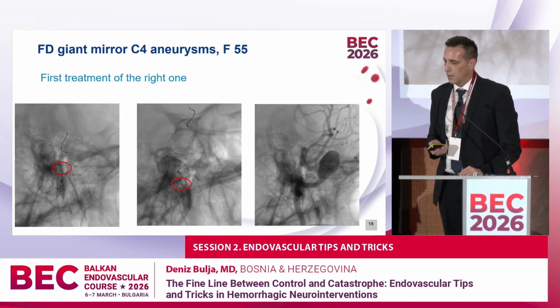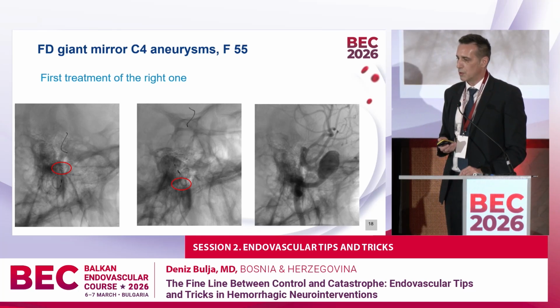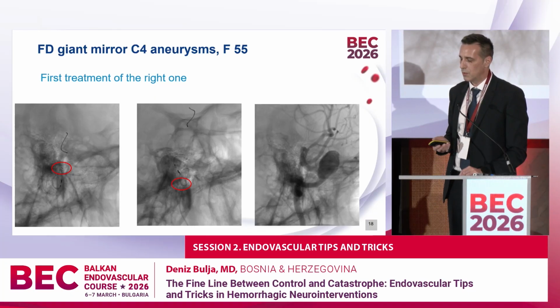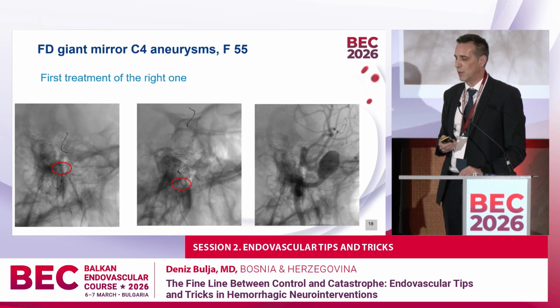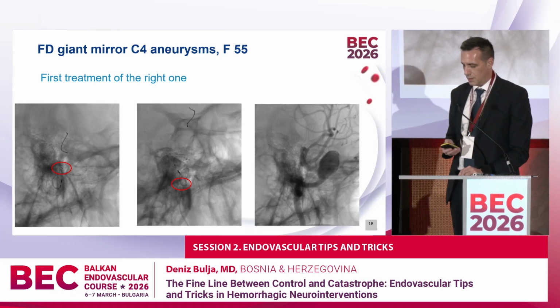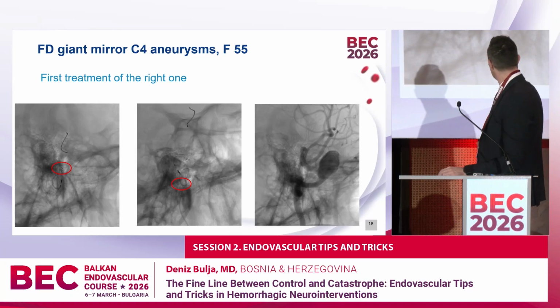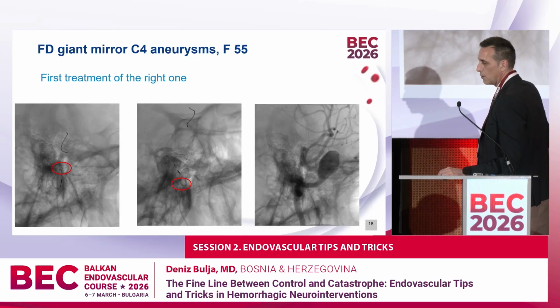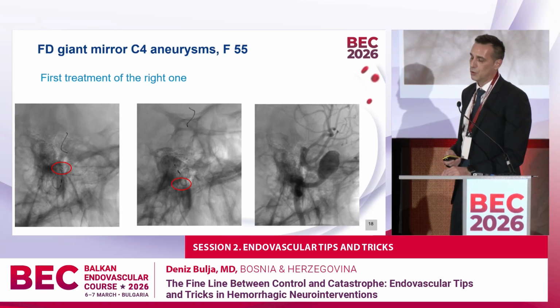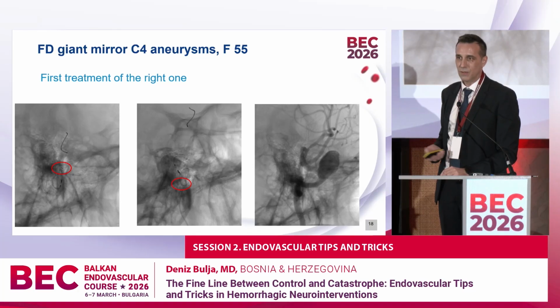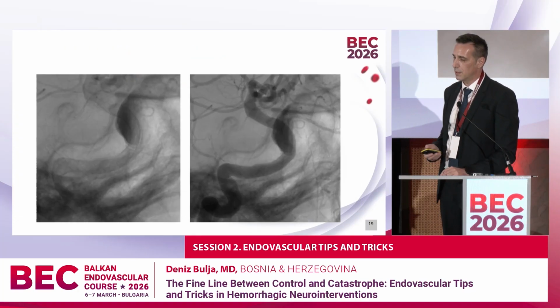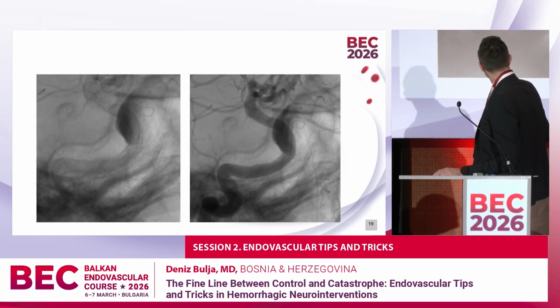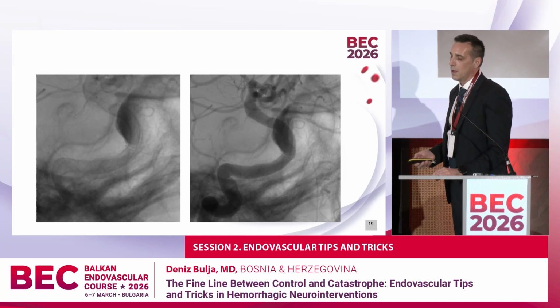Another case of a female, 55 years old. We treated 2 aneurysms, giant mirror C4 aneurysms on both sides. So first we opted for the right one. And here you can see how the base camp is actually being retracted proximally during the final phase of unsheathing of the flow diverter, which resulted in this discordance of the width of the proximal part of the stent with the width of the vessel.